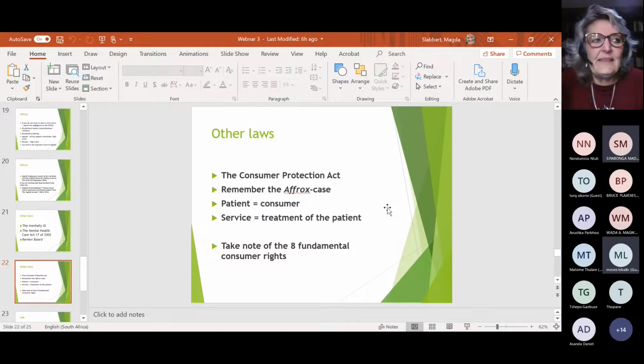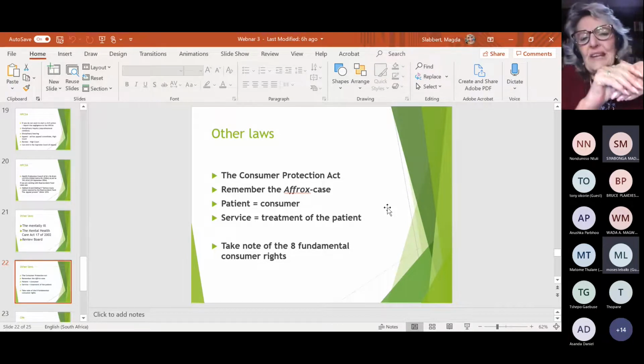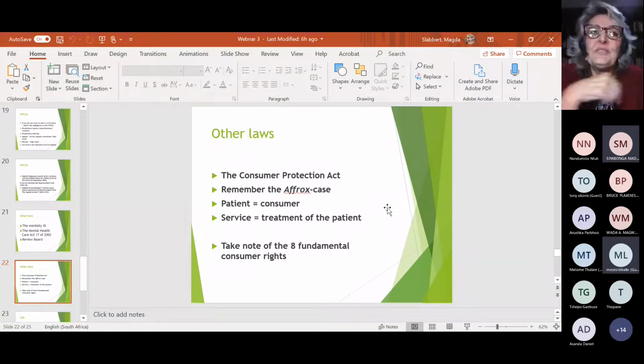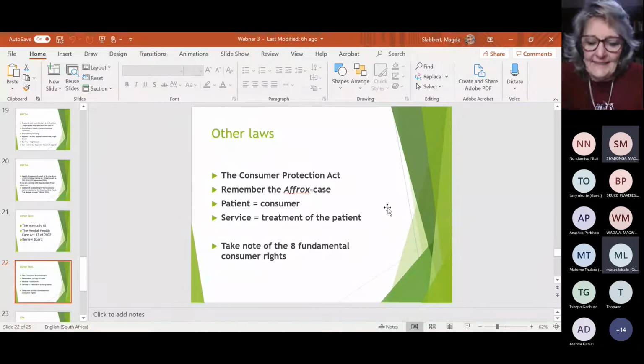In that case, it was said that the indemnity clauses in a hospital contract, the admittance contract of a hospital, is valid. Now, we as medical law specialists, we argue that since the Consumer Protection Act came into play, that case can actually not stand anymore. But it still stands today, because it's a Supreme Court of Appeal case and it has not been overruled yet.